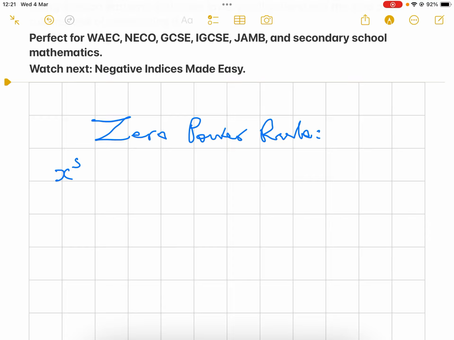Consider this: x raised to power 5 divided by x raised to power 2. This is x raised to power 3. You remember how we got this?